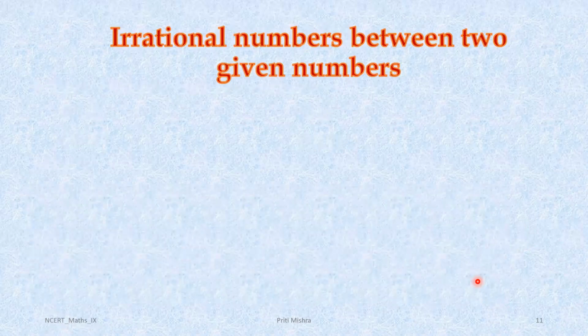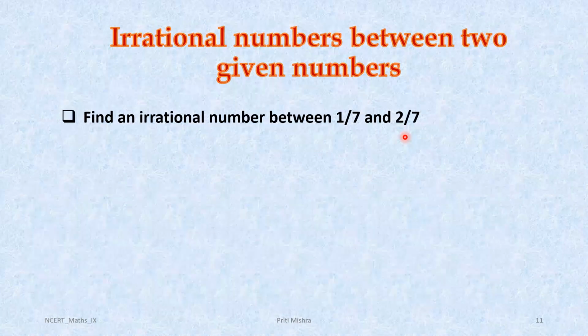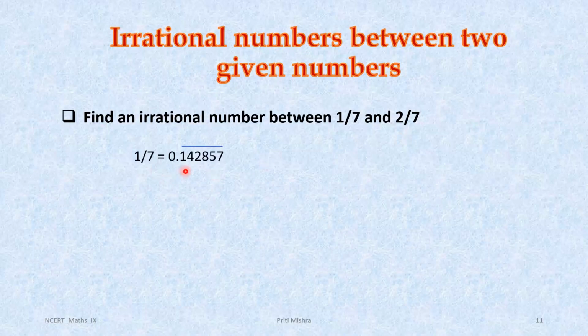Next topic, irrational numbers between two given numbers. Find an irrational number between two given rational numbers, 1 by 7 and 2 by 7. We have to write an irrational number in between these two. So 1 by 7 is equal to 0.142857 bar. Means this block of 6 digits will be repeated here.